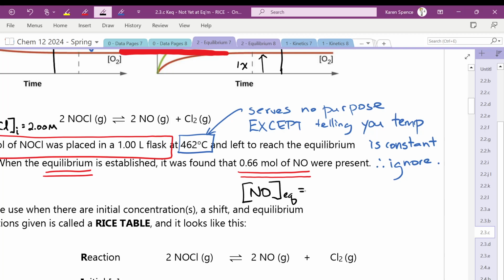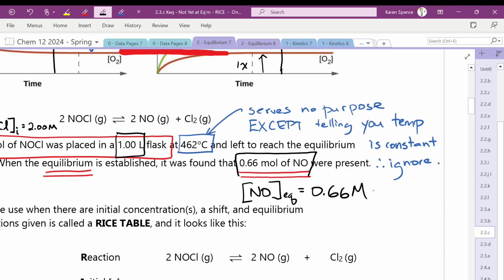Tell your partner. We have 0.66 mole. What's the volume? Still just a 1 liter flask. That means, oh my gosh, what easy math is that? 0.66 moles in 1 liter is 0.66 molar.